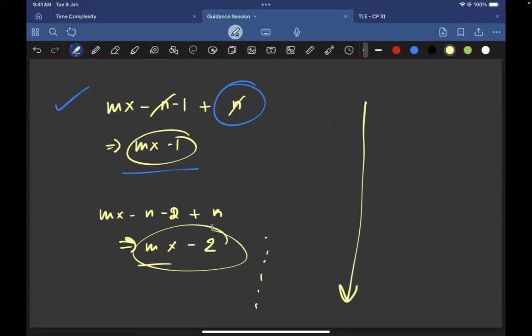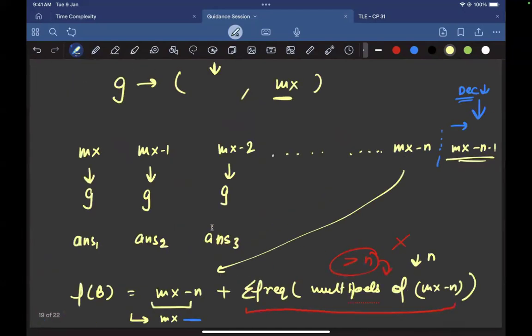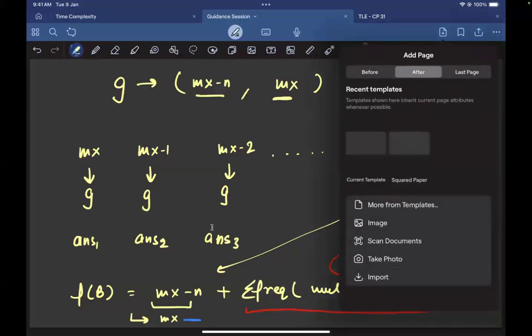Okay. That means that now I have also figured out a lower bound. I can say that I only want the GCD value G to run from mx minus n to mx. Is this clear? Now, this range is not going to be very big. Is that correct?